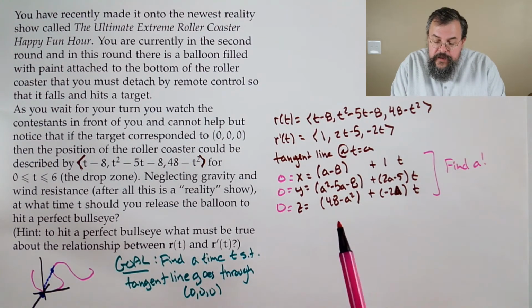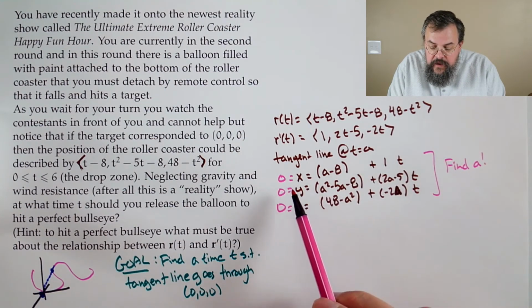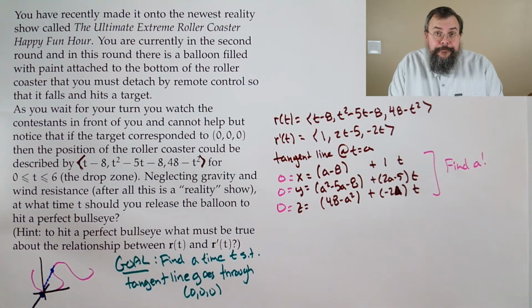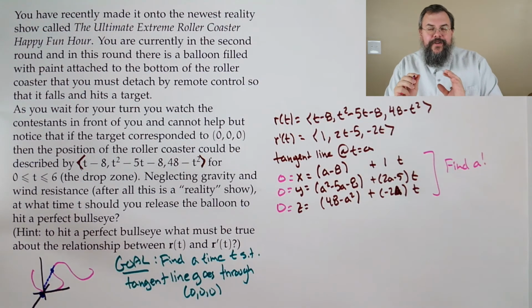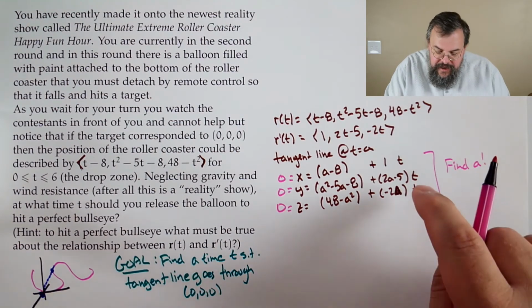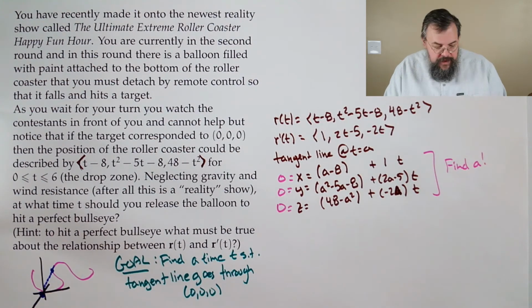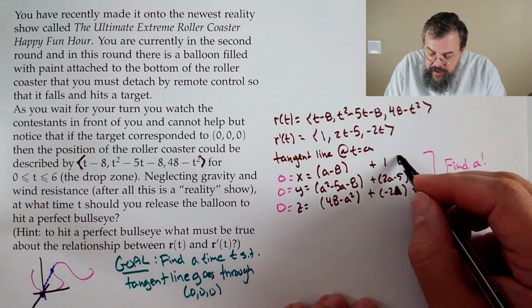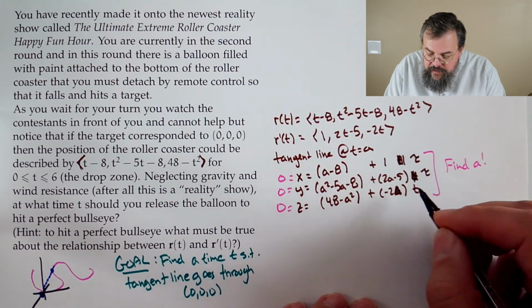Our first equation: A minus 8 plus t equals 0. This is a case where you have to be careful and disassociate the t here from the t there. Just this one time, I'm going to make it really clear and replace these t's by a different symbol, tau, so that we don't confuse ourselves.